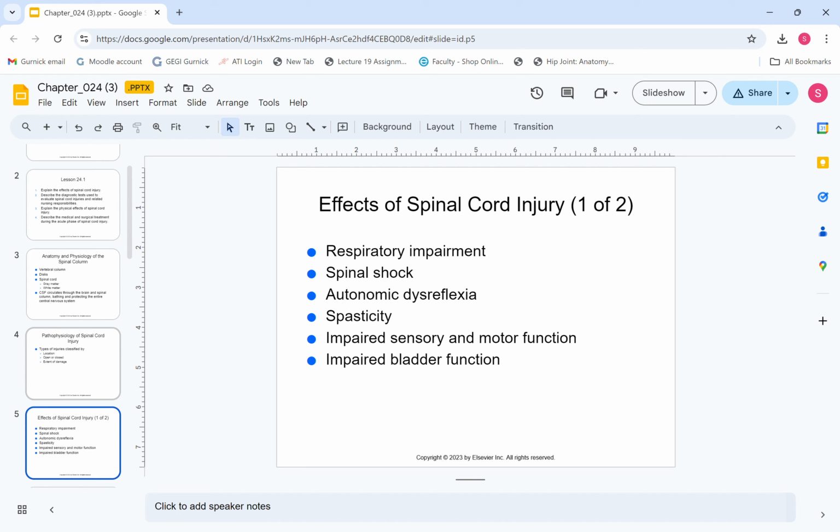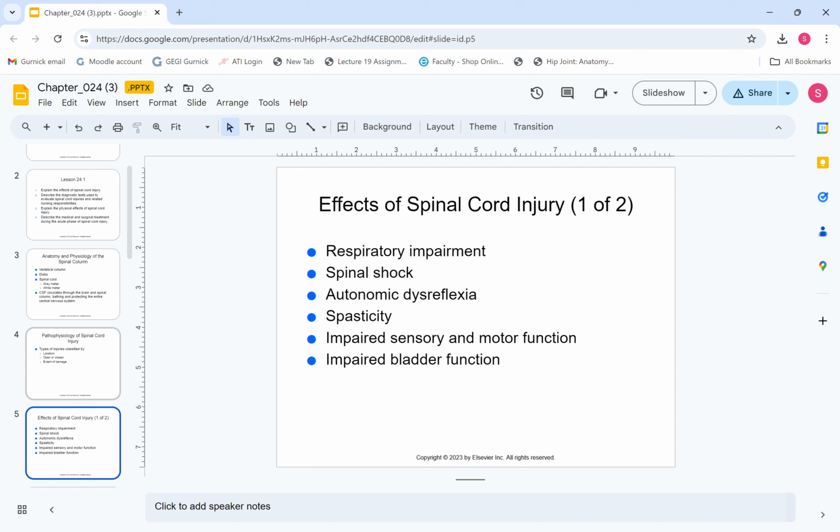So you lose all control below C5, but you'd still have control of things above the injury. And since C1, 2, 3, and 4 control your breathing, as long as you don't injure C4, you're going to be able to breathe.